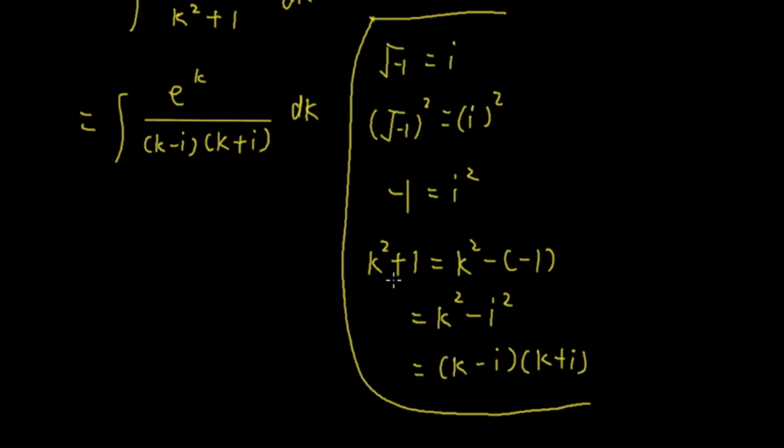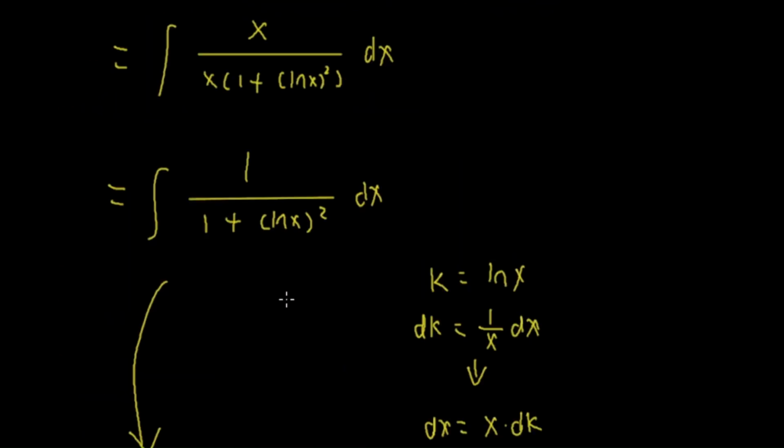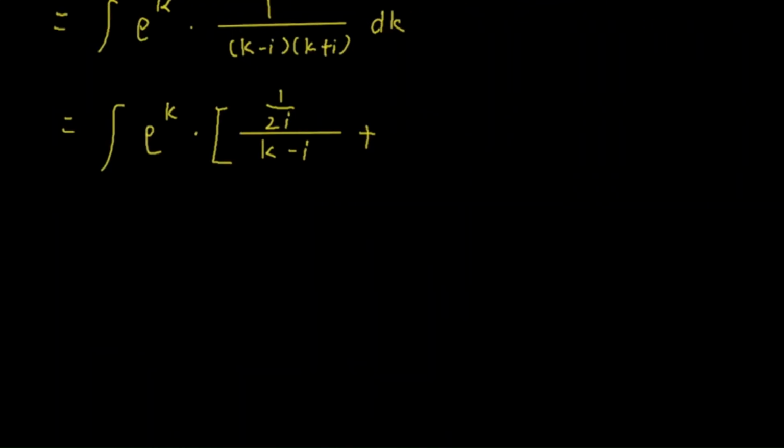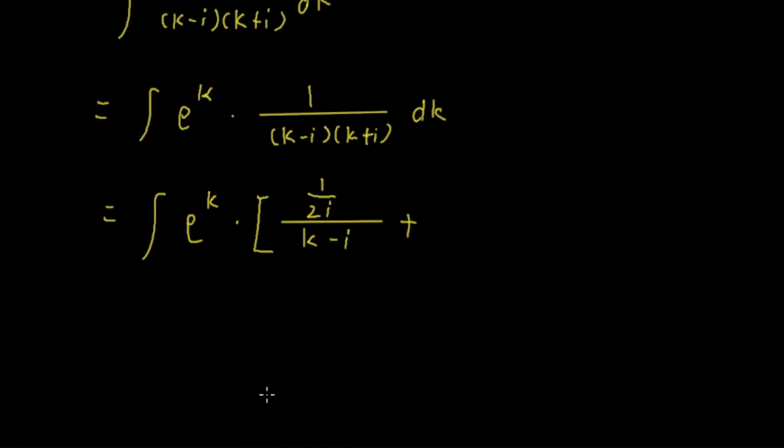So the second fraction is negative 1 over 2i over k plus i, dk.